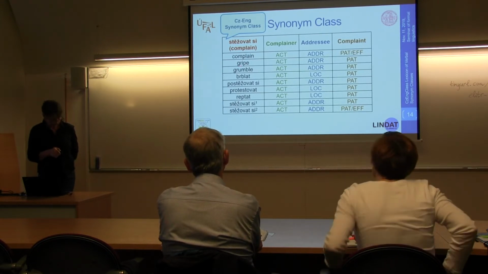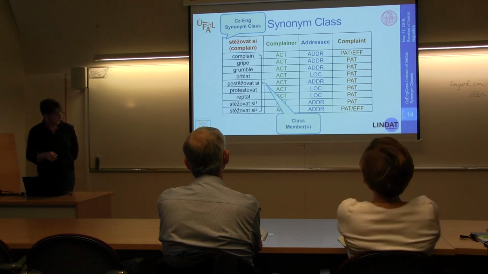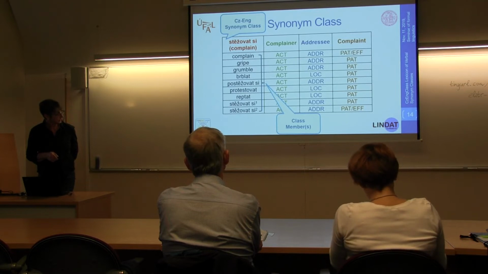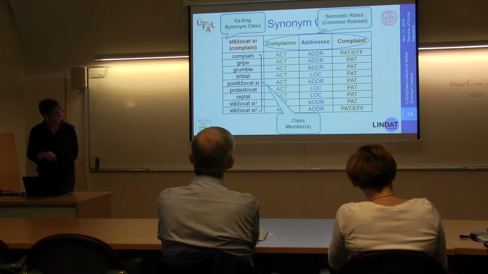Then here are the individual class members of this class. And each class has semantic roles. So this is the common set of semantic roles for the class complain. It contains complainer, addressee, and complaint.